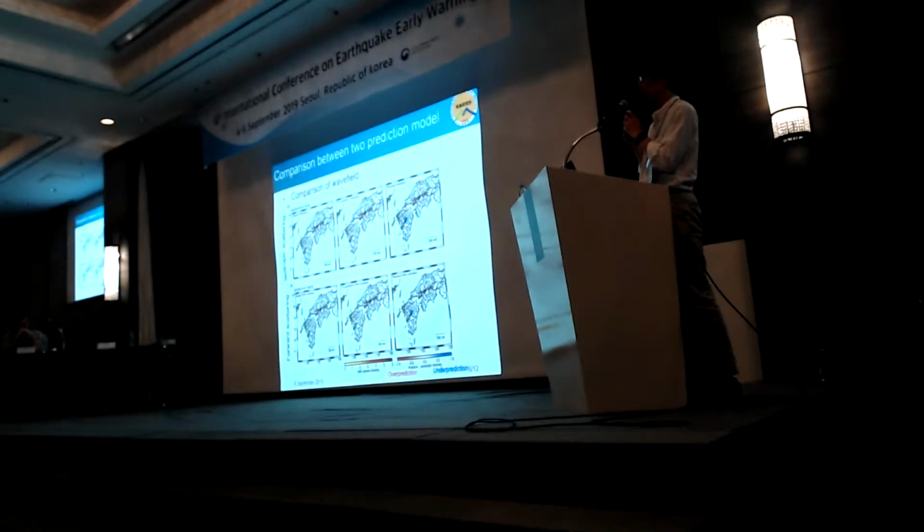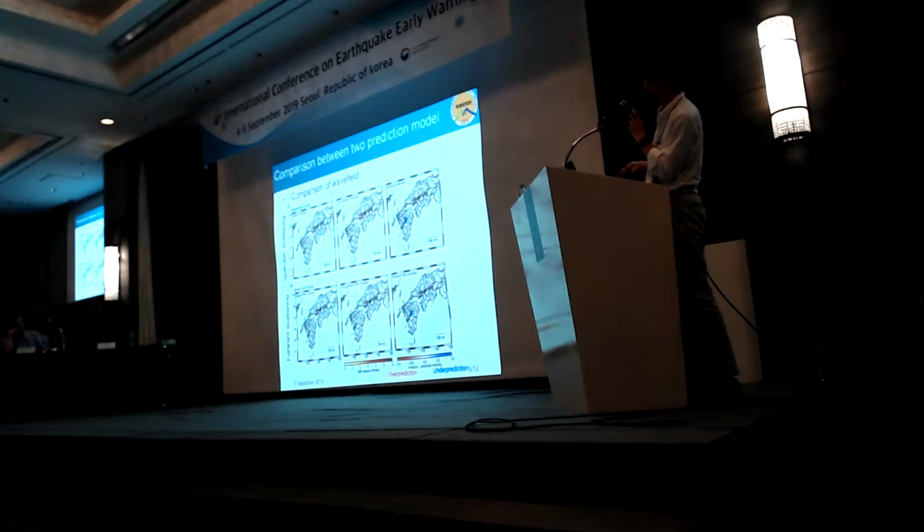So we show the comparison of the two prediction models, isotropic and forward scattering, in this animation. The left panel shows the estimated current wavefield. In the center, the prediction of 10 seconds ahead from the current wavefield.